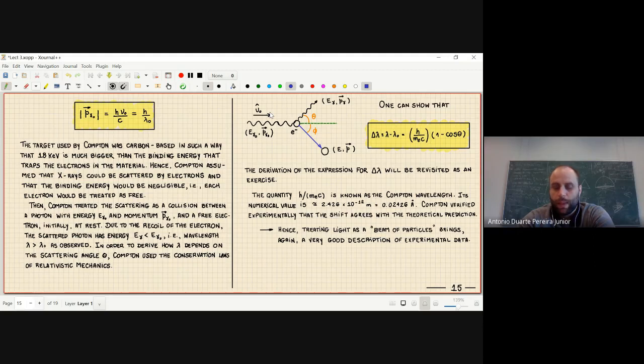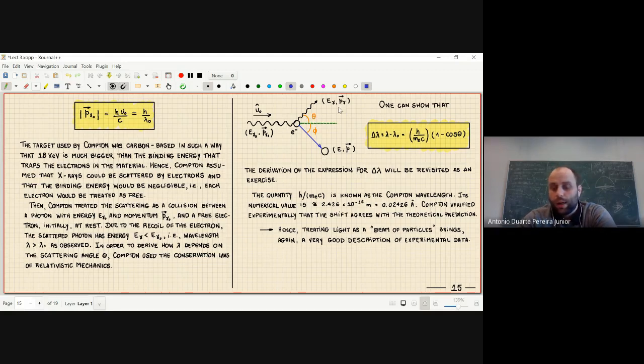Okay? So just thinking as in classical mechanics, when I throw a particle against another particle, there is a collision and they will scatter. So in this particular case, the photon is going up and the electron is going down. But now the photon is escaping in this direction. So you see that the direction of motion of the photon has changed. It's not this direction anymore, but now it's going with this angle theta.